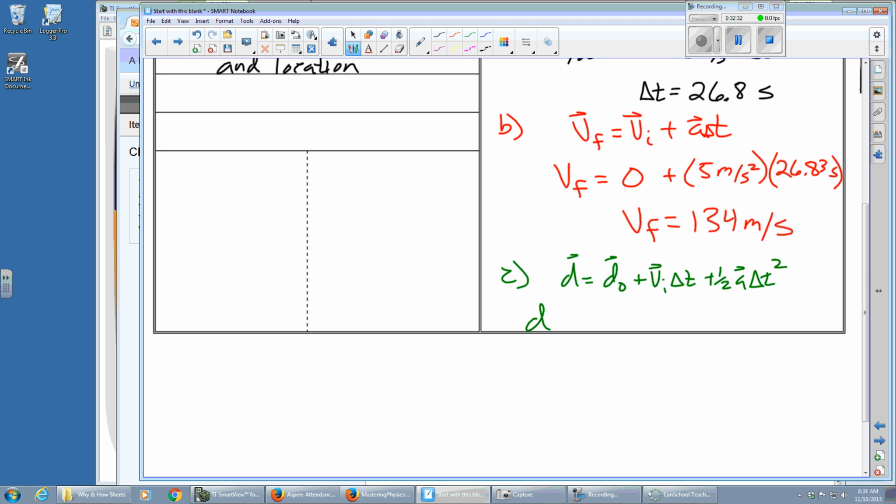And I'm looking for how far it went. Started at 0, so 0. The initial velocity was 0. Time is 1 second. Plus 1/2, 5 meters per second squared, 1 second squared. 2.50 meters. Right?